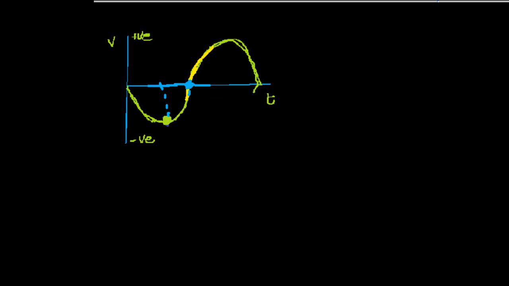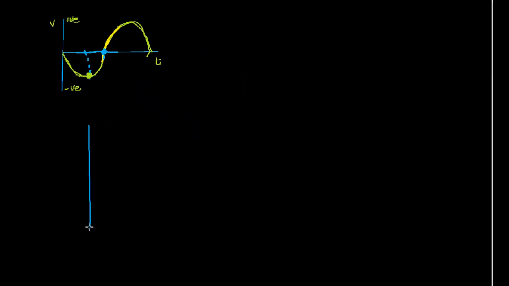If I were to draw this as an acceleration time graph, acceleration would be here, time would be here. It would look something like that. Negative at first, becoming 0 in a quarter of a cycle, then reaching its maximum positive in half a cycle.